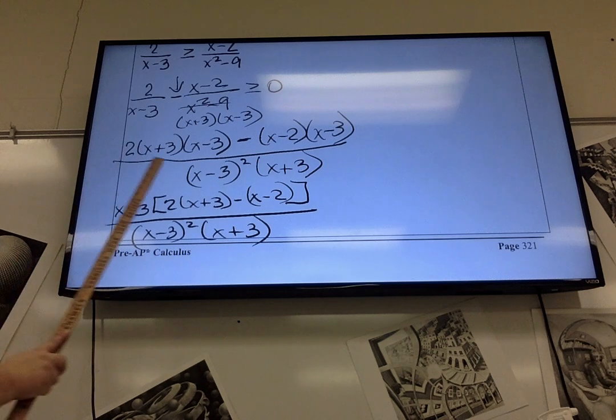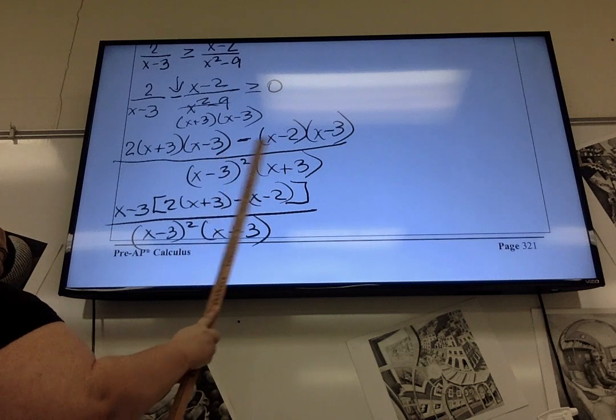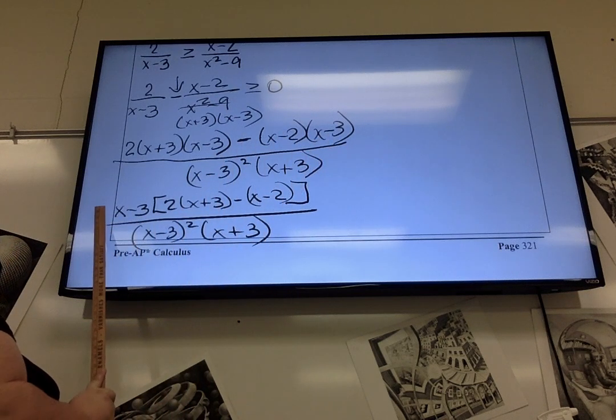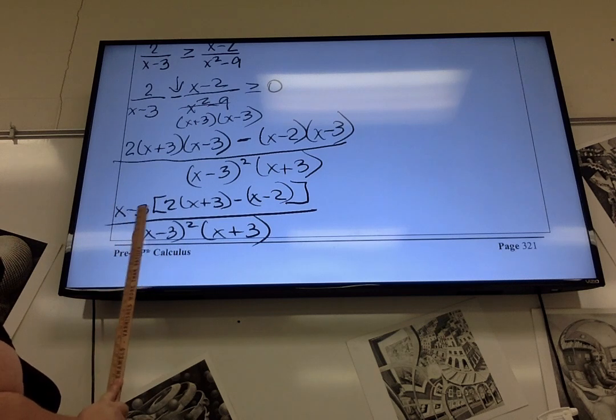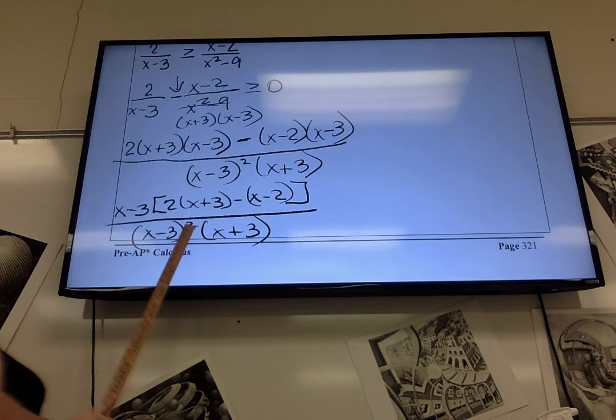So what I did was, since both of these terms have an x minus 3, I just pulled it out in front. And so what's going to happen is this x minus 3 will cancel with one of these x minus 3s. It'll just make it a little easier to work with.